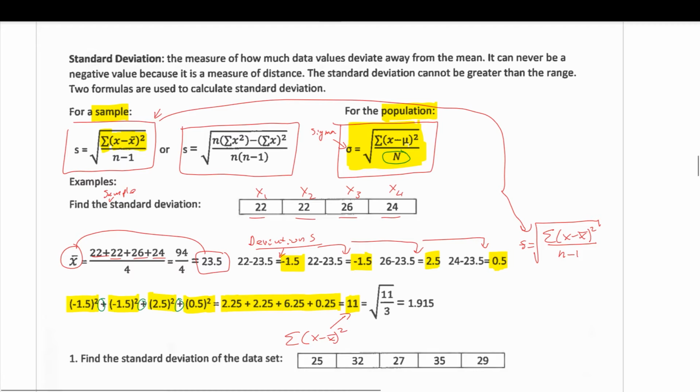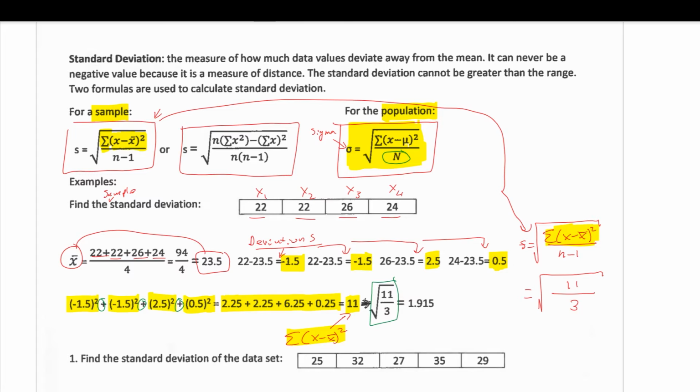Now, this really shouldn't be an equal sign here, more like an arrow. We have a square root here, and the 11 is in the numerator. Your sample size, well, we have 4 values, so it'll be 4 minus 1, which gives you 3, and that's where this calculation is coming from.